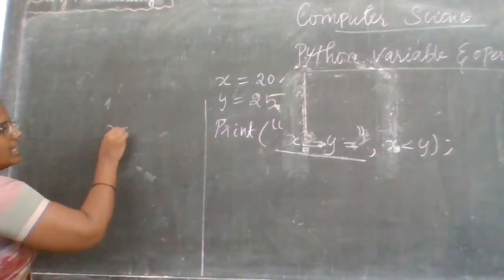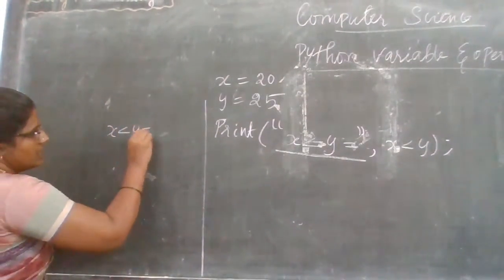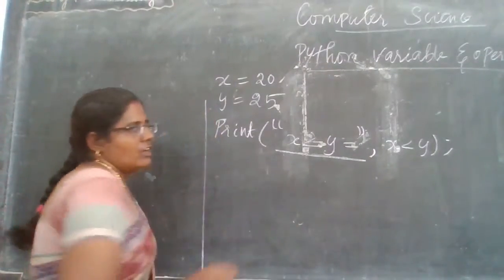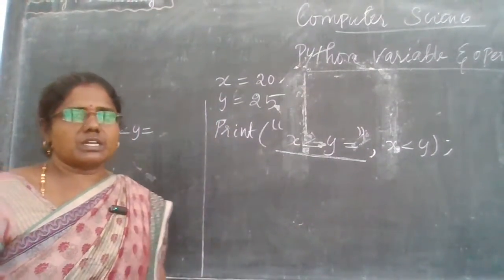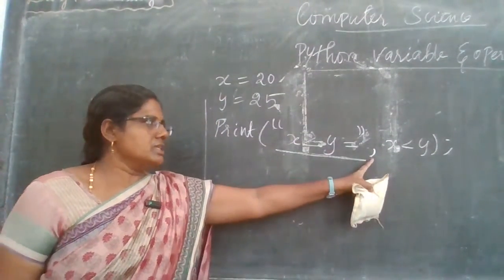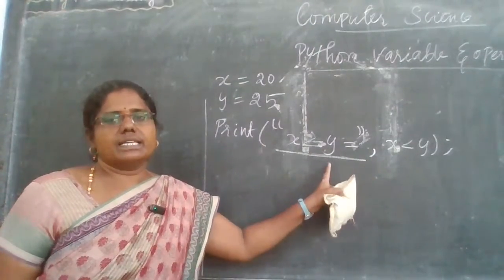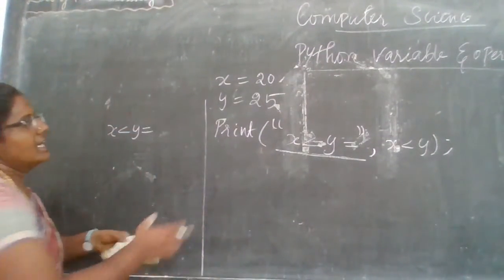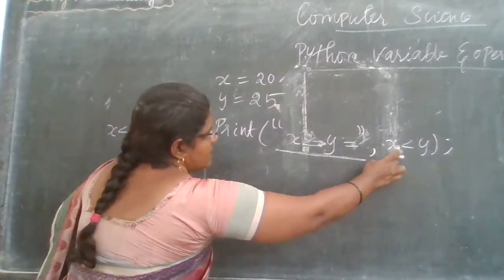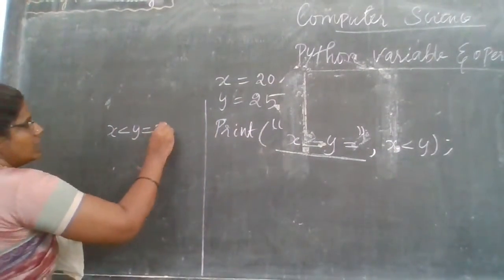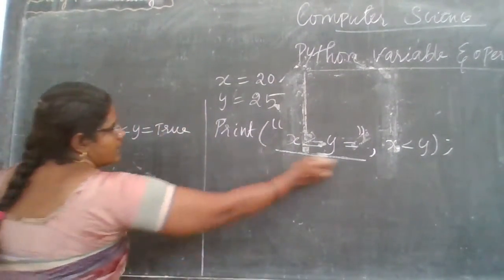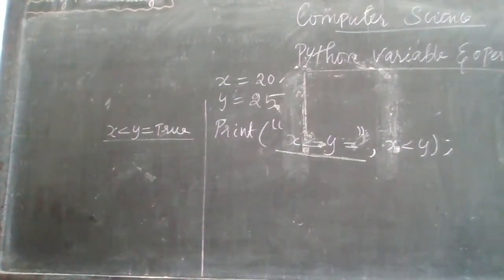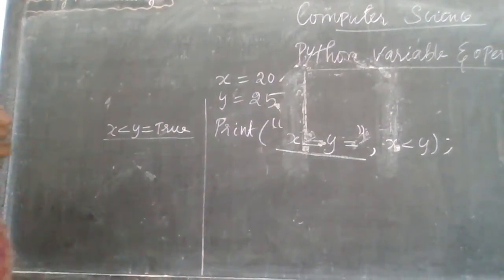After that, we use a comma for separation. If you are using a string and an expression or variable, we can use a comma to separate the string and the expression. 20 less than 25 is true, so it returns the value true. So this statement's output will display on the screen like this: x less than y equal to true.